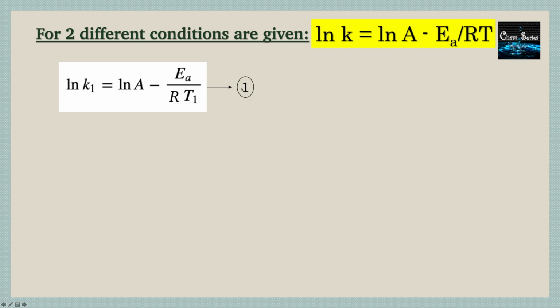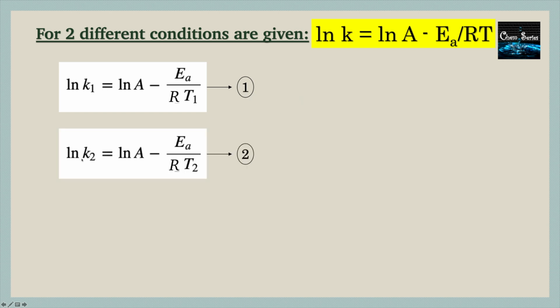This is your first equation. And ln k2 equals ln A minus EA by RT2. This is your second equation. These are the two conditions. They are at different temperatures and their rate constants are also different. And the remaining things are constant, so they remain the same.